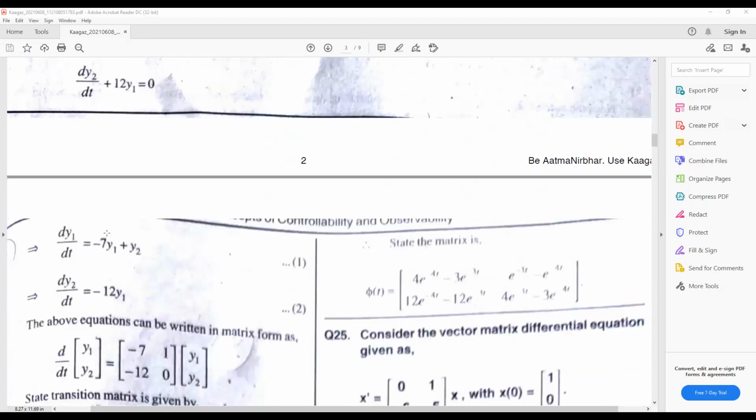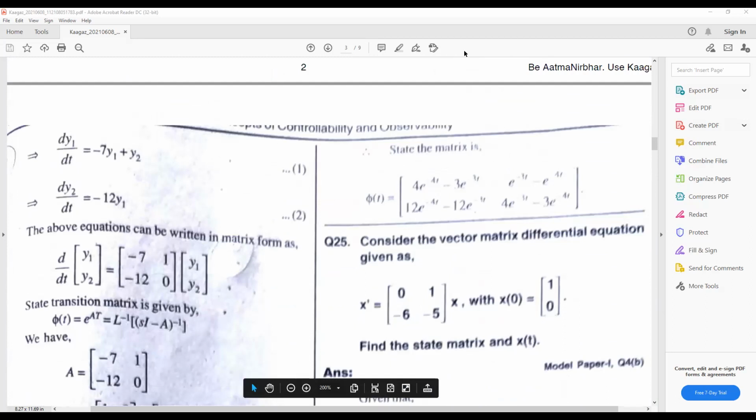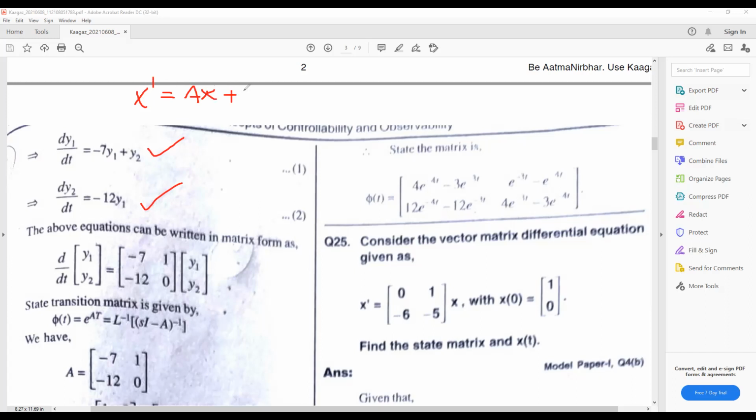In these two homogeneous equations, in the first equation dy1 by dt, in the second equation dy2 by dt. What is the formula of state equation? X dash is equal to Ax plus Bu.